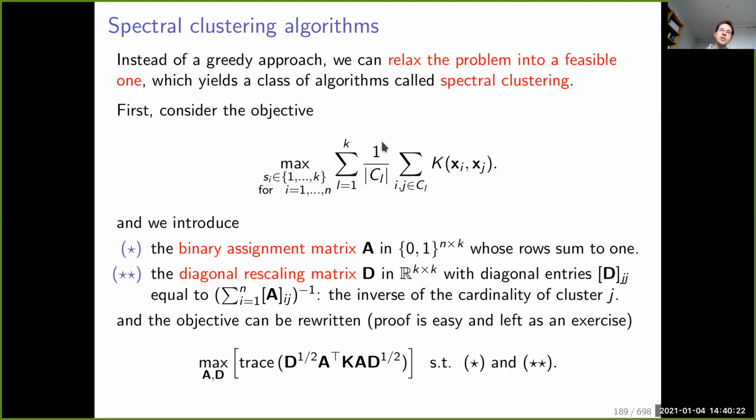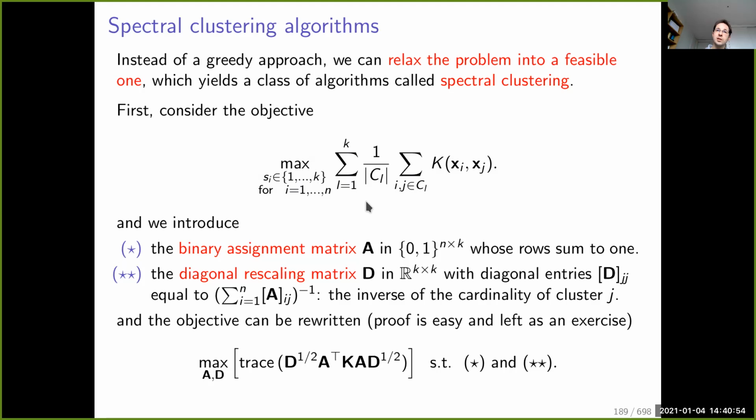You see here that we have this rescaling factor. This is a bit unfortunate because it will make the notation a bit more complicated. So feel free to ignore it in your head if you have difficulties to follow. But formally, we will need to introduce a diagonal matrix D of size k times k, where the diagonal entries are equal to the inverse of the size of the clusters.